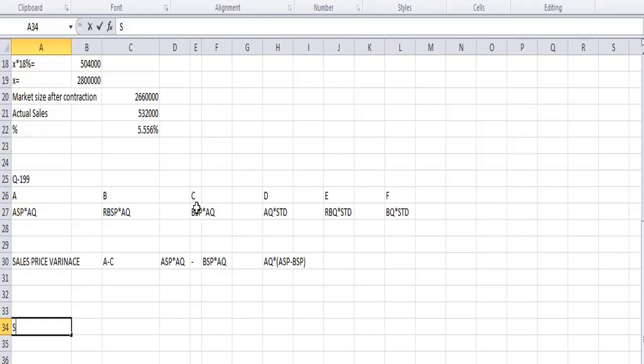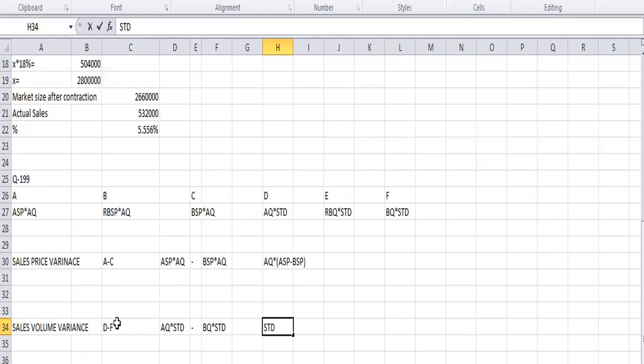Now the sales volume variance. By subtracting D minus F, sorry, it's my fault, it will be F, we will get the sales volume variance, and D is our AQ into STD, minus F. What's the common between these two?